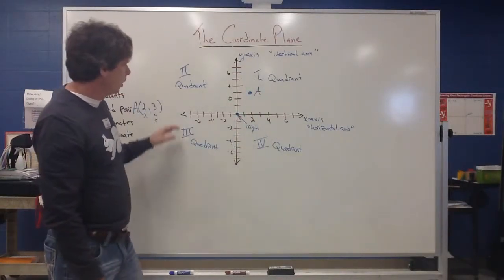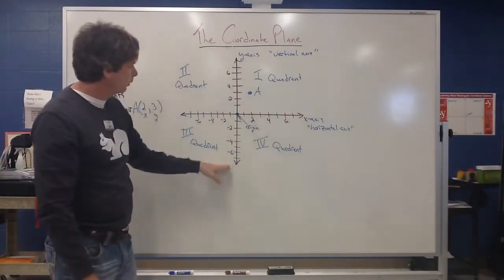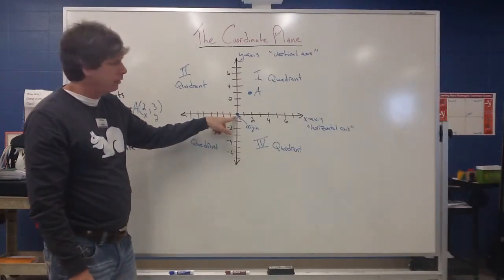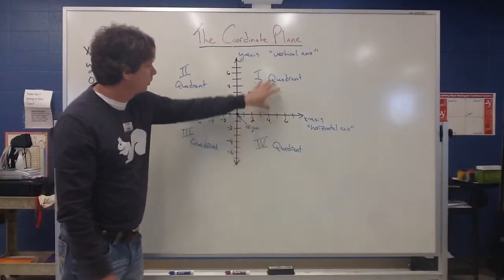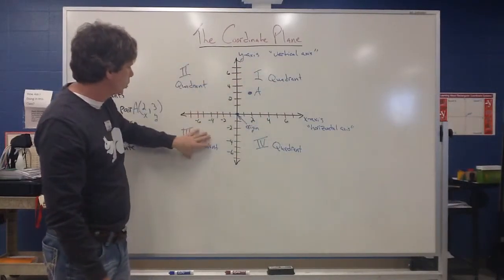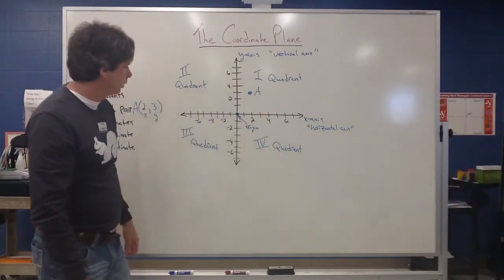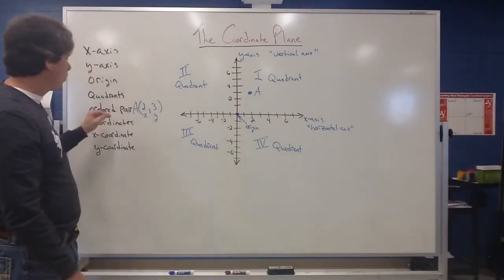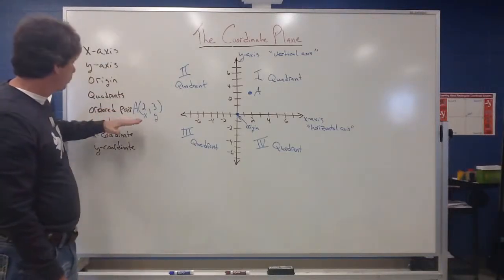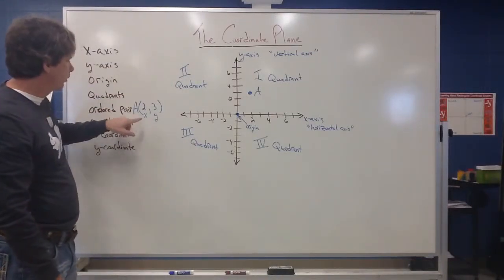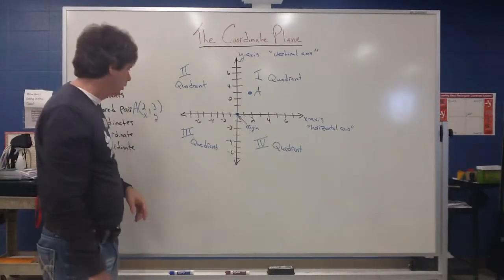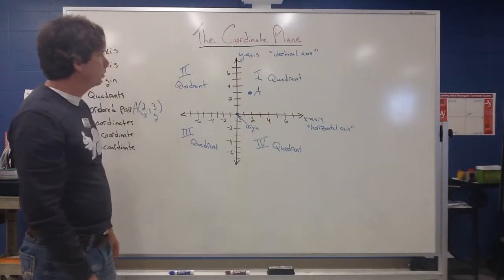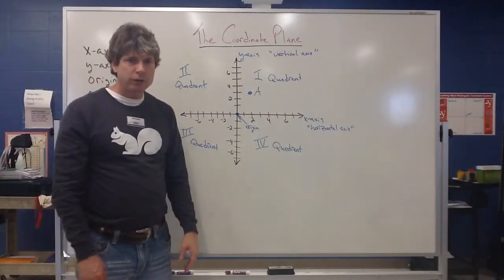We have our x-axis, our y-axis, and the origin where they meet. We then have these four regions, which we call quadrants: quadrant 1, quadrant 2, quadrant 3, quadrant 4. And of course, what we're going to be doing is graphing, and that's where these ordered pairs are going to be coming in. So the x-coordinate and then the y-coordinate. Notice how it's even in alphabetical order. They'll have some meaning to us as we move on. Okay? So stay tuned for our next lesson.